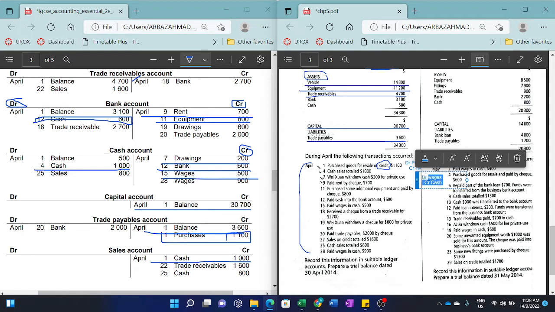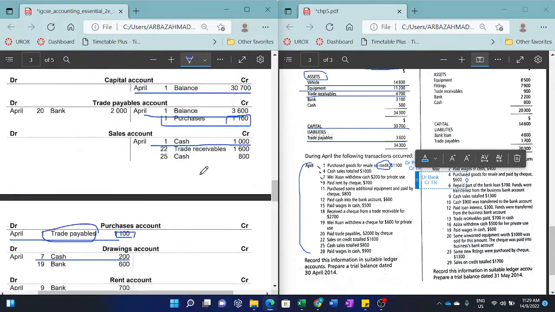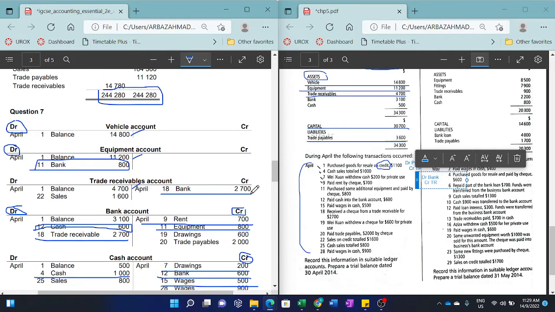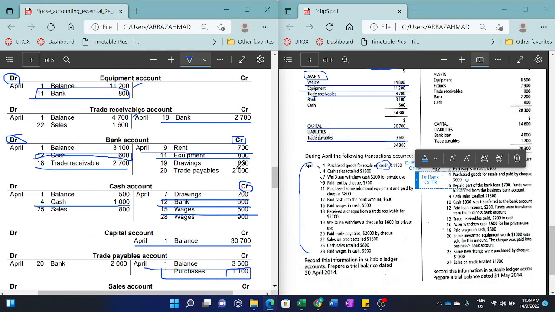When you receive a check, you are receiving money in the bank account, so your bank balance increases and your trade receivable balance decreases. He no longer owes you, so you credit him and you debit your bank account.